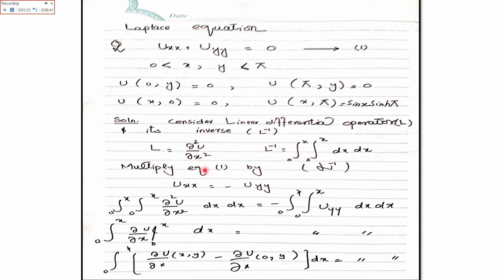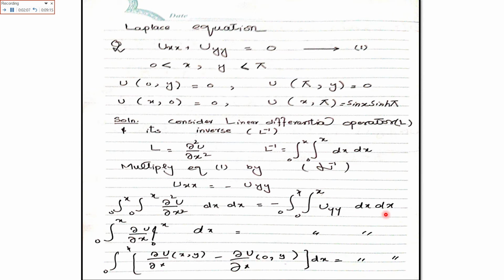Now we apply the Laplace operator to equation number 1. Before that, we take this term to this side: u_xx = −u_yy. Now we apply the Laplace operator on both sides. Here the Laplace operator says the integral from 0 to x of ∂²u/∂x² dx dx equals minus, as it is, the Laplace operator integral 0 to x of u_yy dx dx.